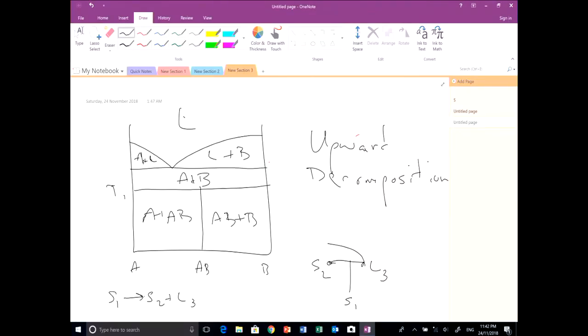Now this one, this phase diagram here, starts with a solid, and we're heating it. So that's heat. And that goes to form solid 2 plus solid 3, doesn't it? So what this is is an all-solid analog of a paratectic reaction.